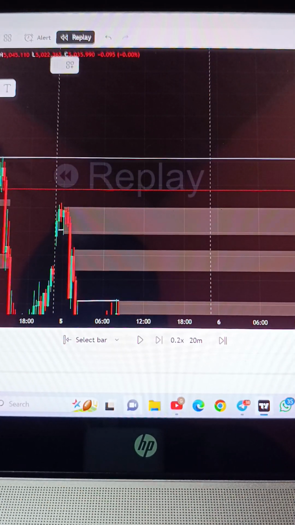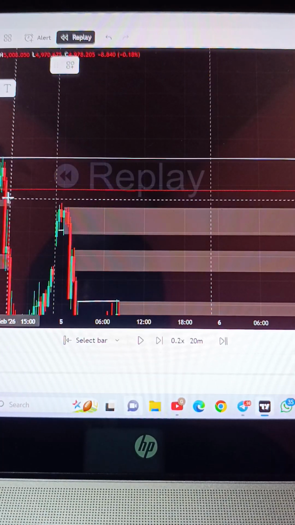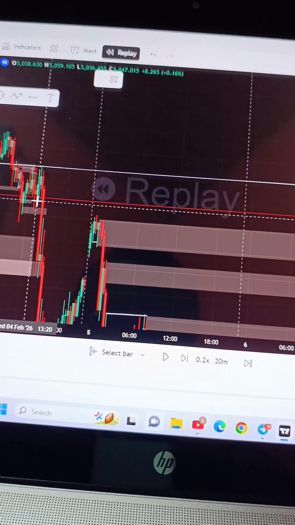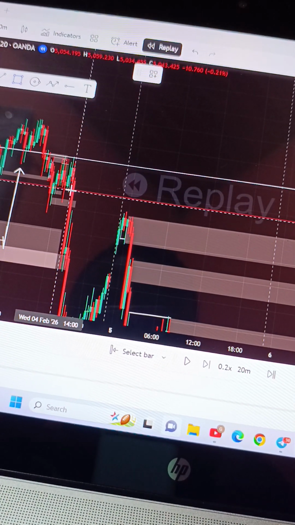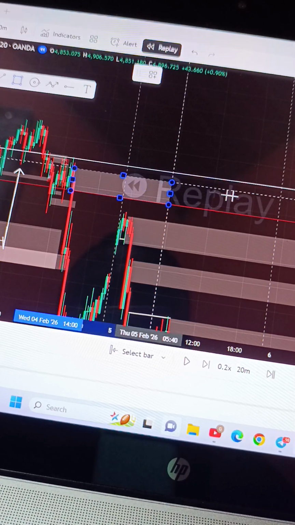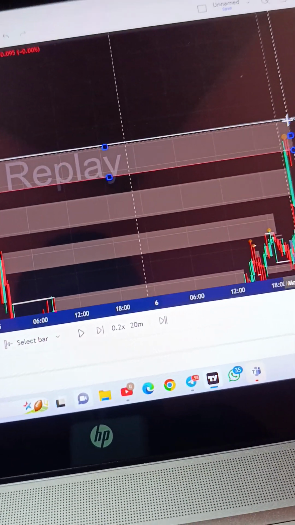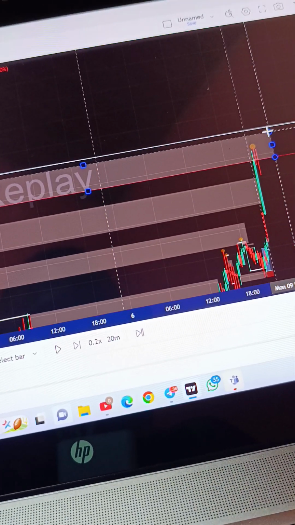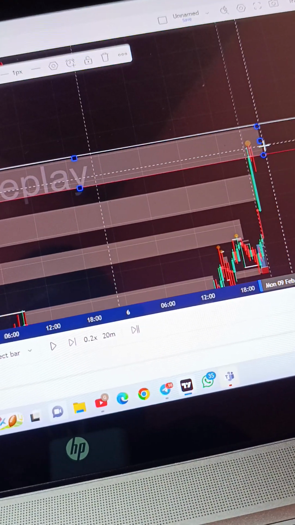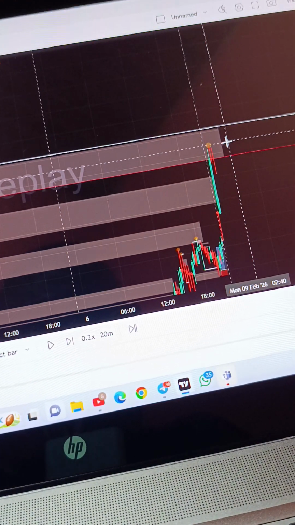we do reactionary trading. Okay, so we have this zone that has been reached by price. Price is currently at that zone.